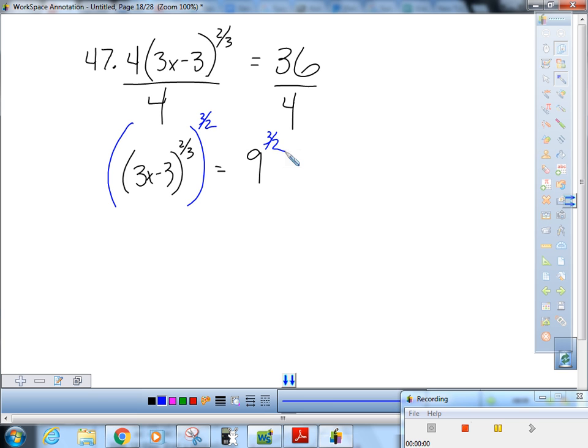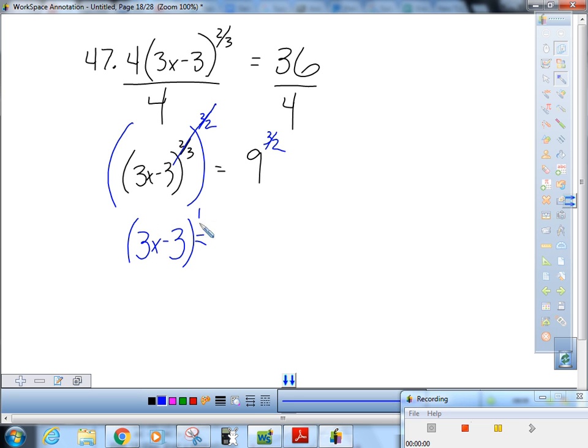Okay? Can you do 9 to the 3/2 power for me? 27 is what I thought. Okay. So I should have done that in my head. That's square root of 9 cubed. I should have done that in my head. But anyway. Over here, you just get 3x minus 3. Those things cancel each other out. That really says 3x minus 3 to the first.